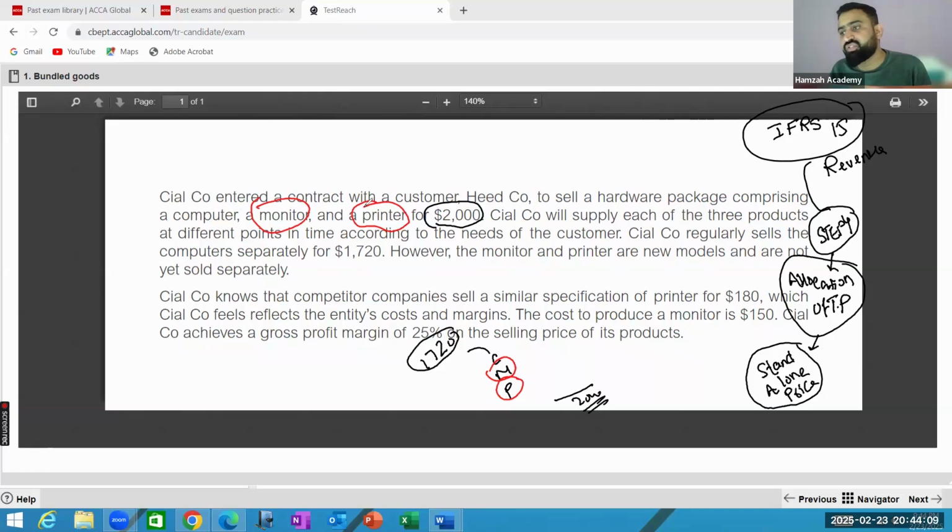If the standalone price is not directly identifiable, then we have to estimate it. So for monitor and printer, we will estimate the standalone price. Now, to estimate the standalone price, again, the guidance will come from IFRS 15, step number 4. We can use a market assessment approach.